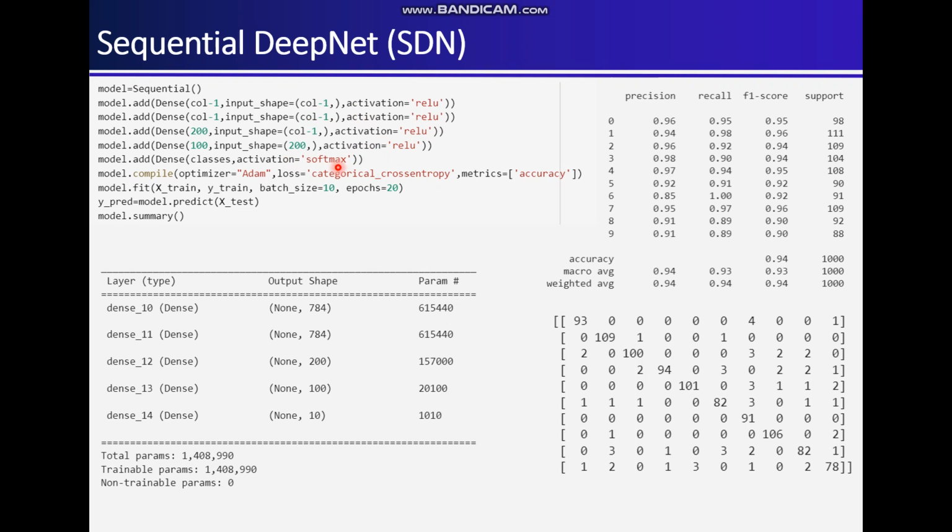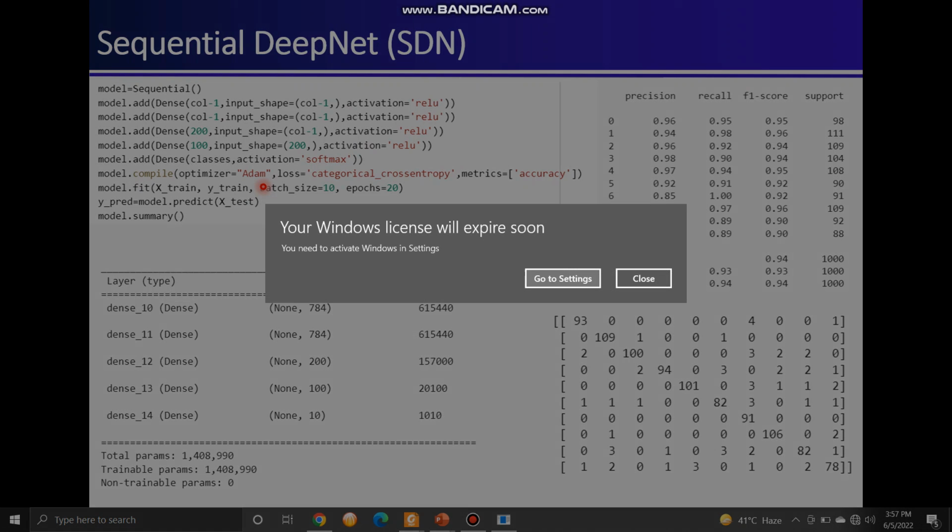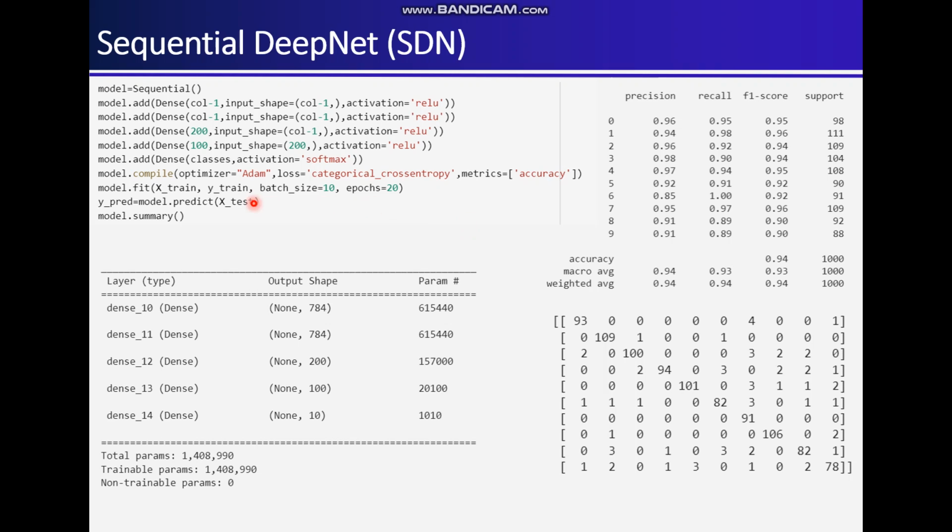So over here, the optimizer which is used is the Adam, and loss is categorical cross entropy, and the performance metric which I've used is the accuracy.